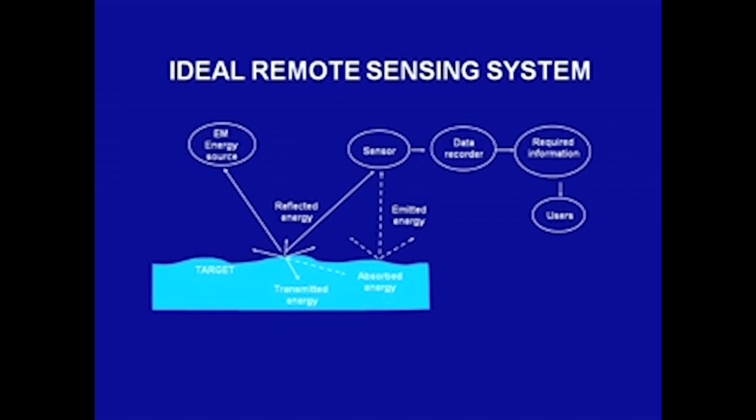The data is collected and stored on data recorders and then it is transmitted back onto the earth's surface through the process of telecommunication, where the required information is stored on the ground. This required information is then subsequently passed over to the user community, which does the analysis of the data. So, let us look at this one by one.